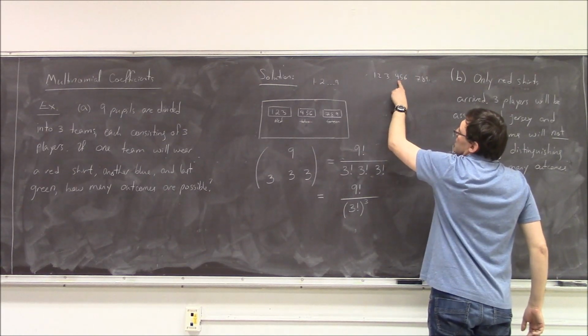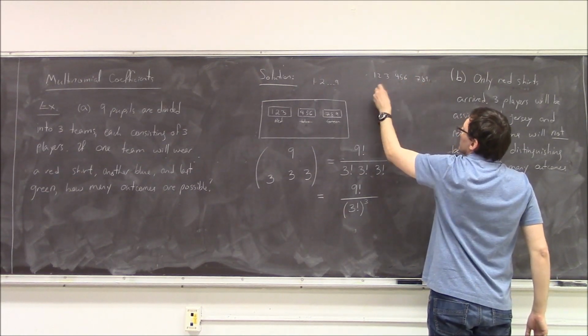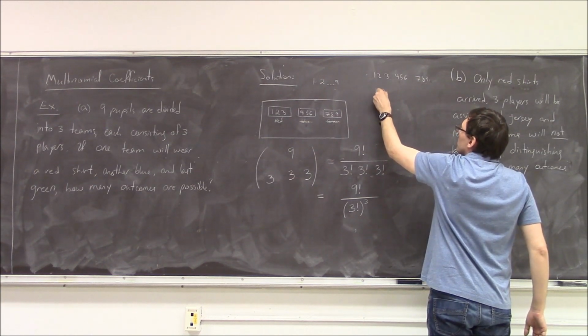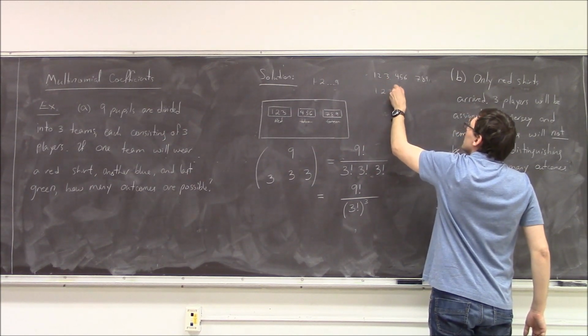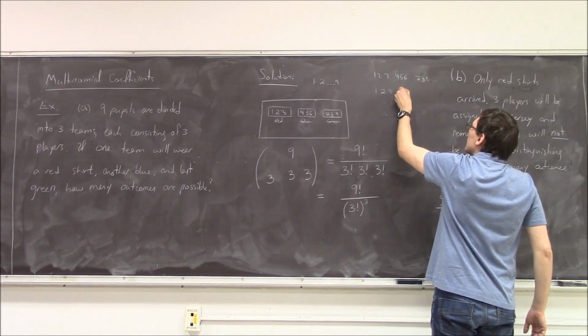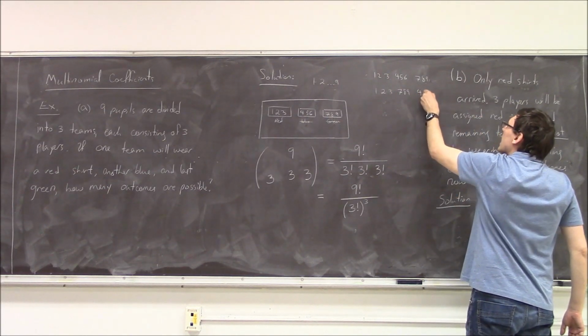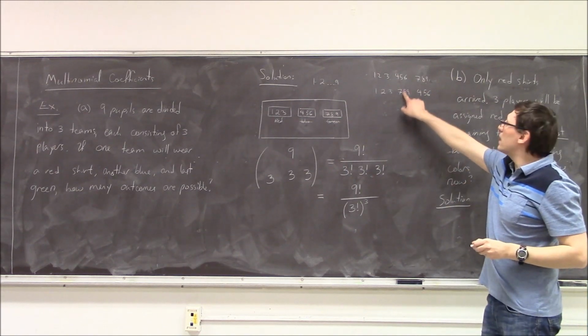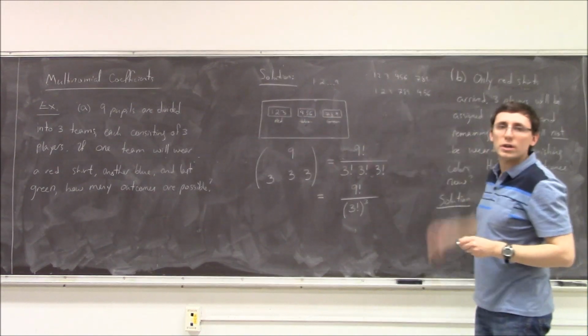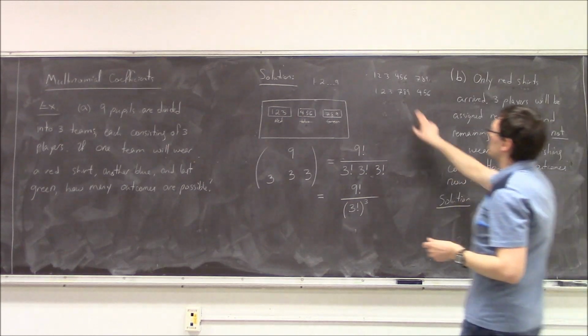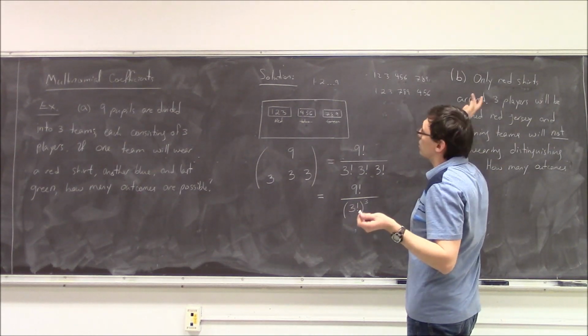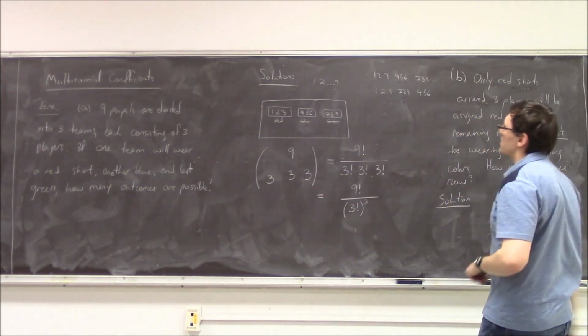Before, this meant that this is a blue team and this is the green team. But now I have another code, so I have 1, 2, 3, and I can write 7, 8, 9, 4, 5, 6. Now this code and that are no longer corresponding to different outcomes. It could be the blue team, it could be the red team, we don't know, right? We just have those teams.